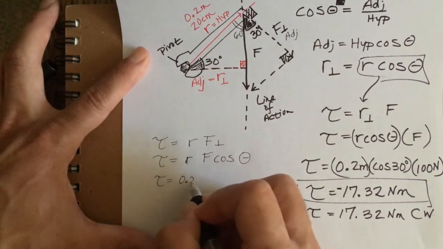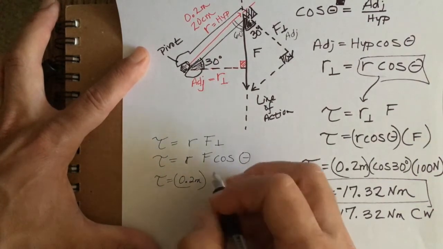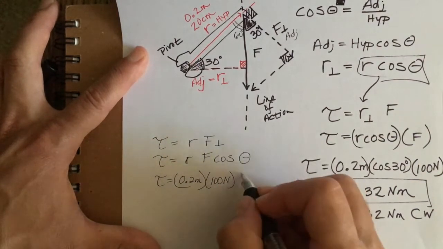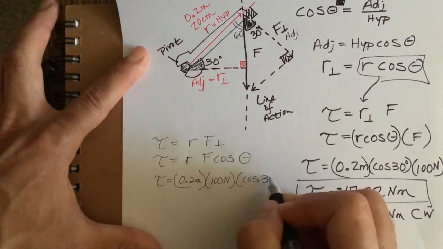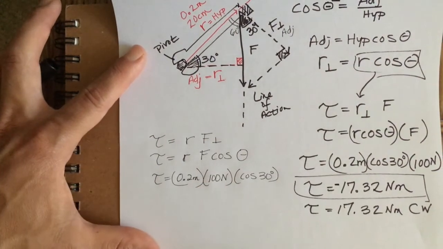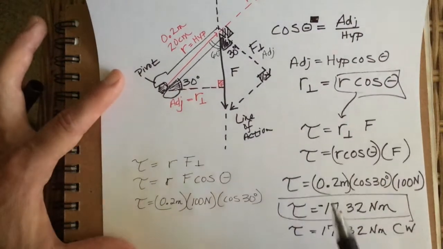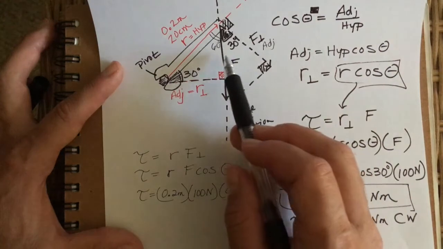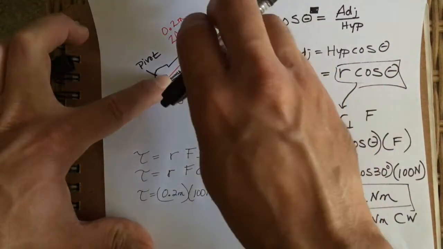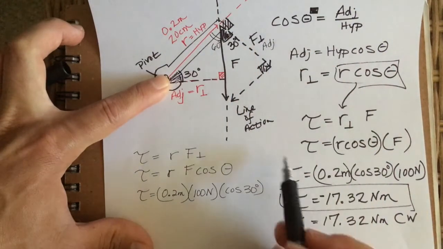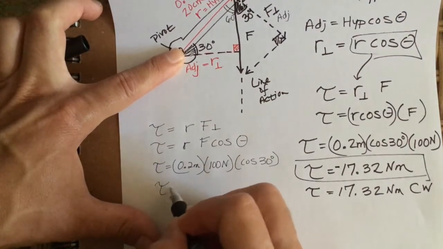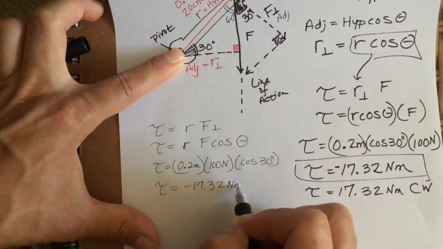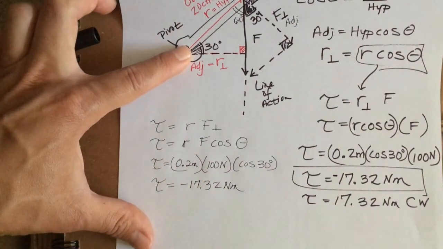R is 0.2 meters, F is equal to 100 newtons, times the cosine of 30. And so you can see that even though I use this alternative method, this still is the same as this, and it's still going to be a clockwise torque, so it's still going to be negative. So our answer here will be torque equals negative 17.32 Newton meters, or 17.32 Newton meters clockwise.